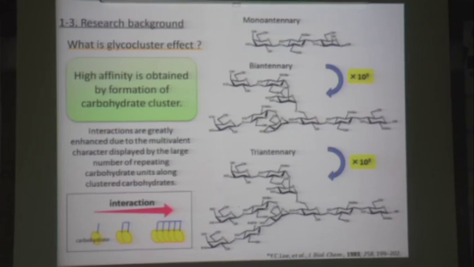Interactions are greatly enhanced due to the multivalent character displayed by the large number of repeating carbohydrate units along clustered carbohydrates. This increase of activity is called the glycocluster effect. This effect is used in drug delivery systems, biosensors, and tissue engineering.